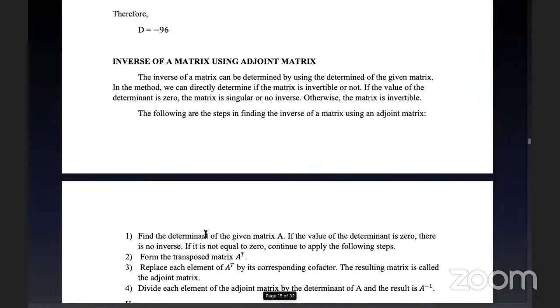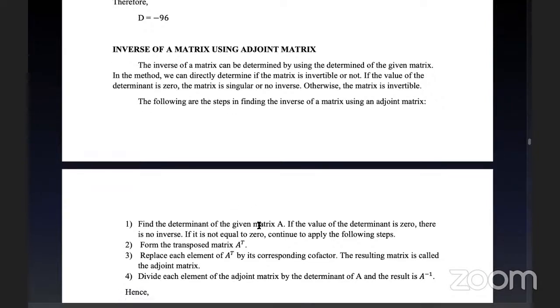Okay, so we have the following steps. Find the determinant of the given matrix A. Okay, importante na makuha mo yung determinant kasi pag dito, 0 yung value niya, ibig sabihin, singular yung mismong matrix na yun.